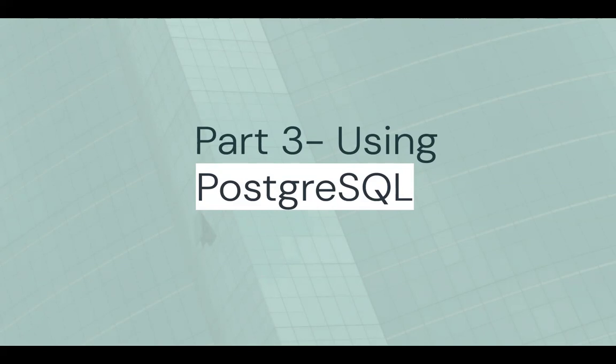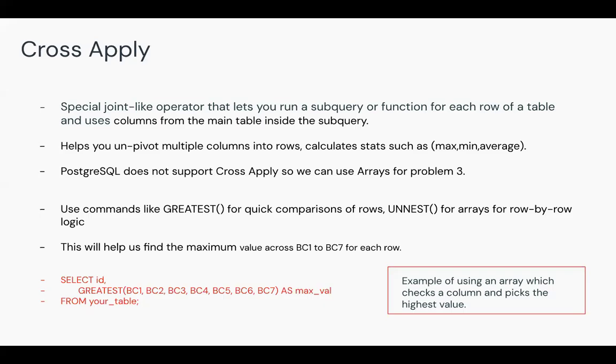Okay. So for problem 3, it's asking to replace cross apply in Postgres using arrays and subqueries. Cross apply is basically not functional in PostgreSQL. So I'm going to be showing you guys other ways that we can attempt section 3 of the question.